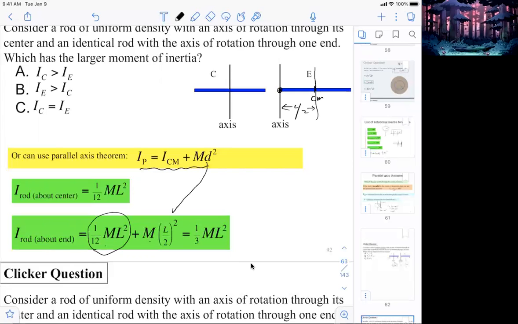So you plug in d as L/2, and this is 1/3 ml squared. So I_E is bigger.